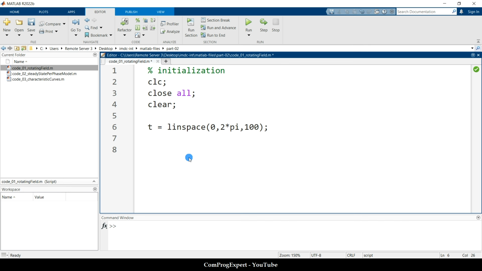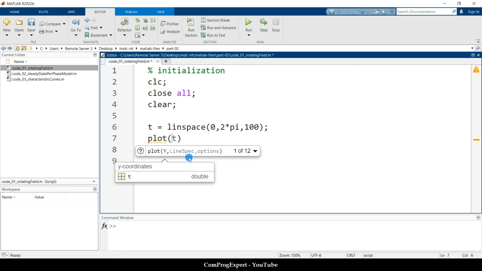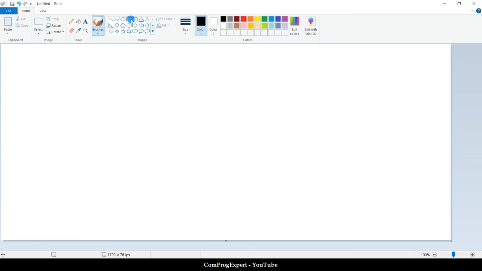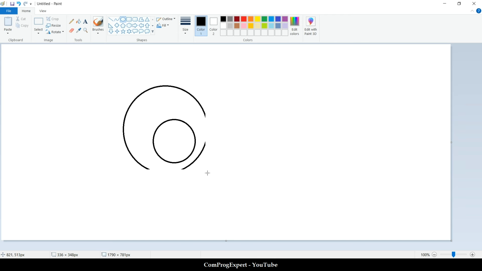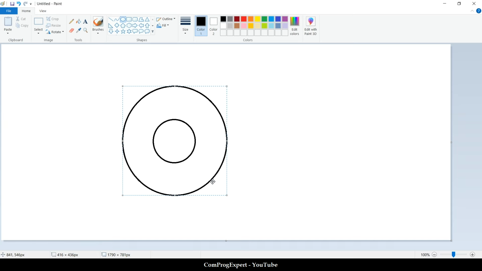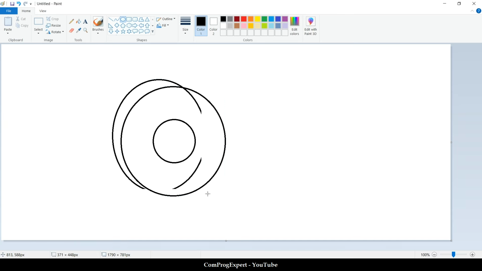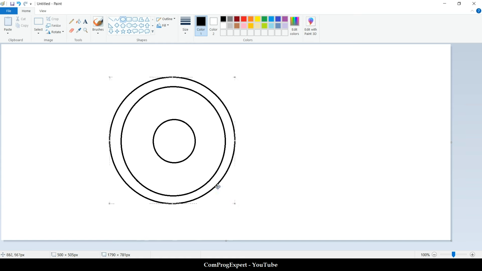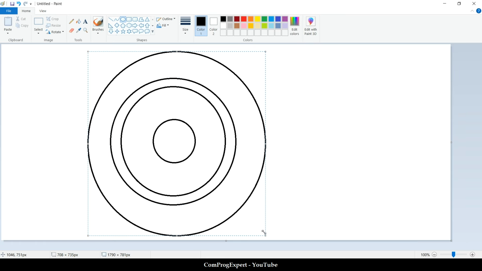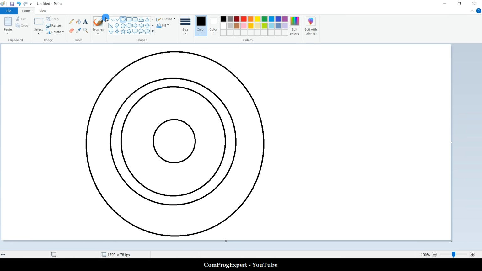Consider 100 points and plot the rotor and stator laminations. Let's consider these dimensions. This is the shaft. This is the outer surface of the rotor, the inner surface of the stator, and this is the outer surface of the stator.